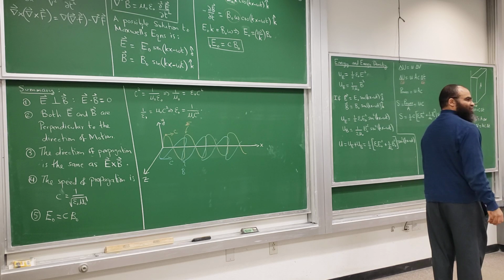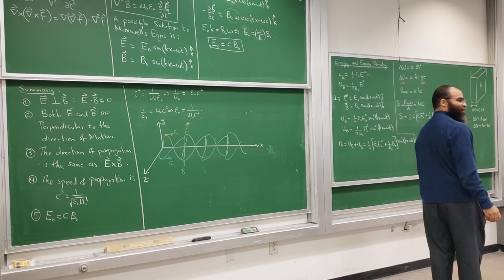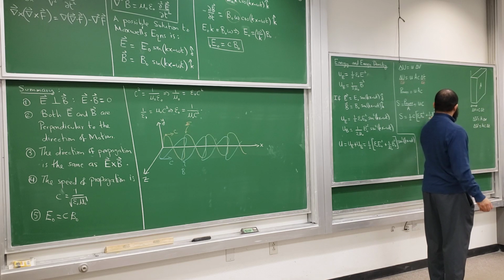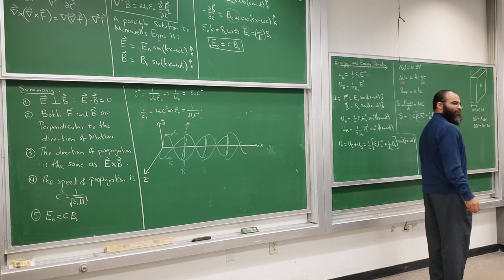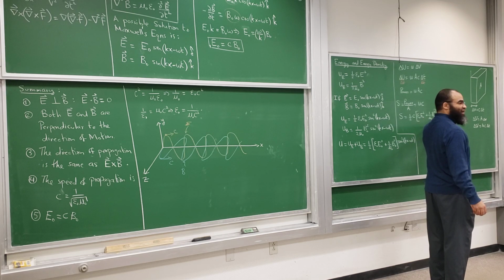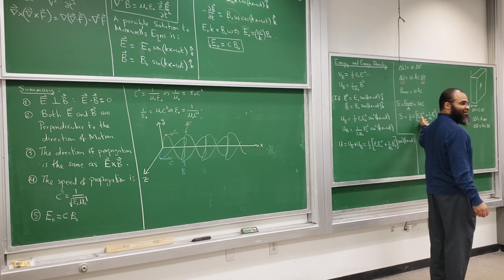We will do some side work a little bit to just figure out what this is. It turns out that 1 over mu naught B naught squared is equal to epsilon naught E naught squared.